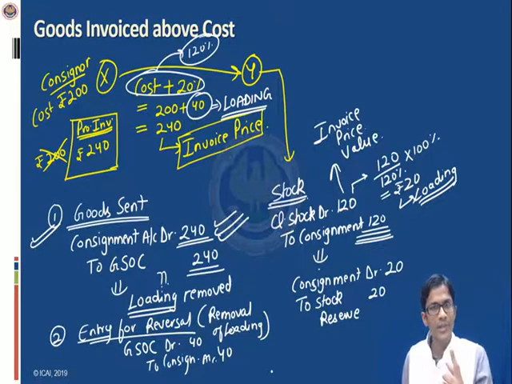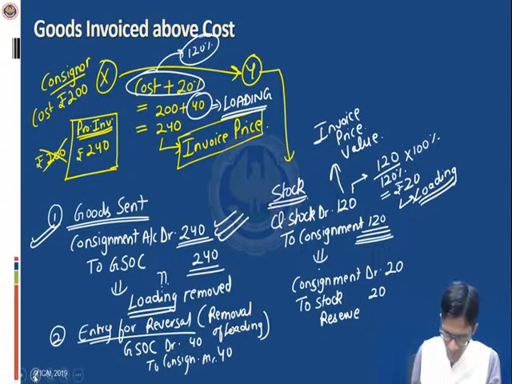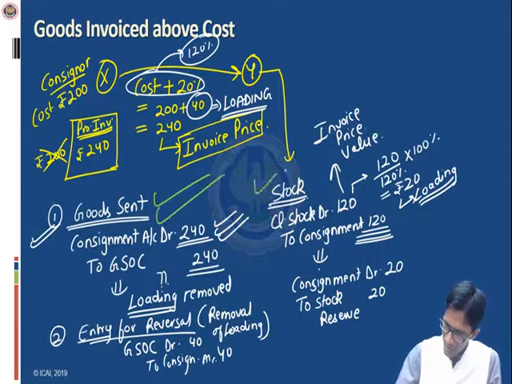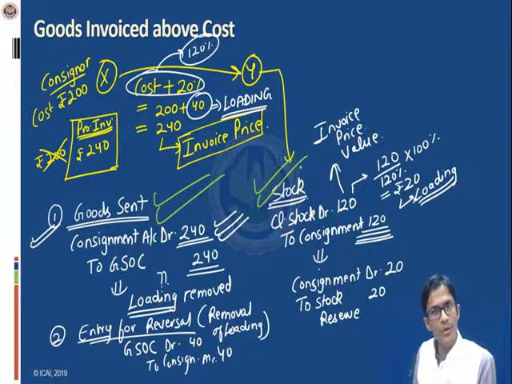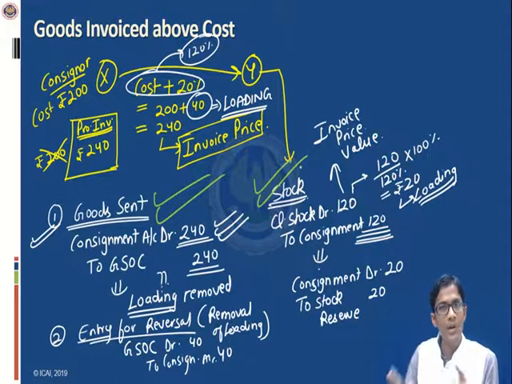First thing is that these two transactions will first of all be recorded at the invoice price value, because every transaction is going to be recorded at invoice price. But later on, the effect of loading will be removed from both these transactions.